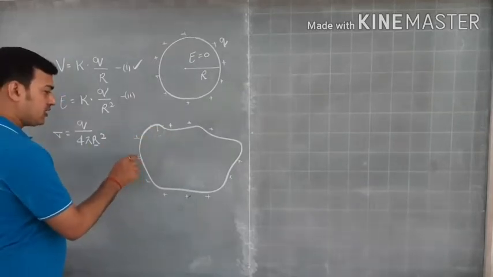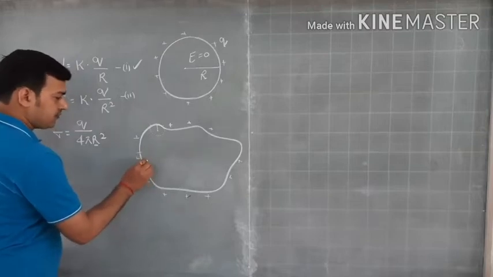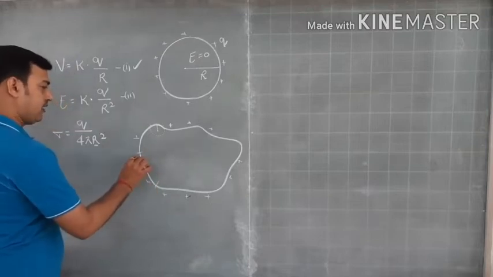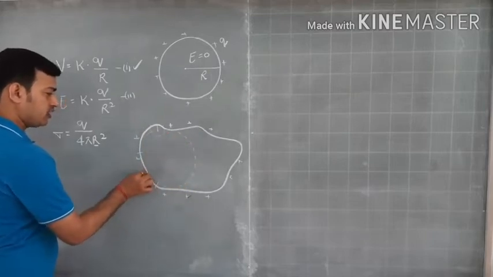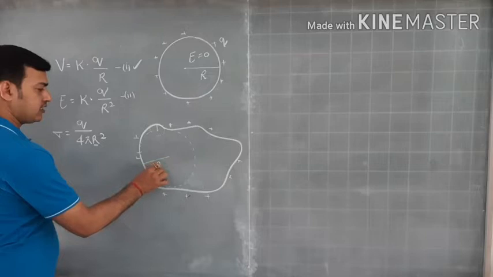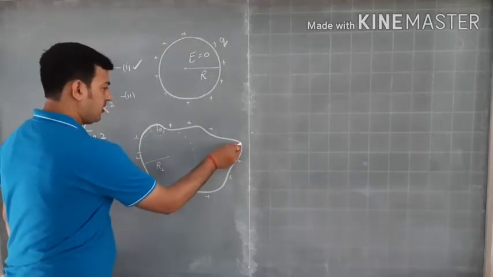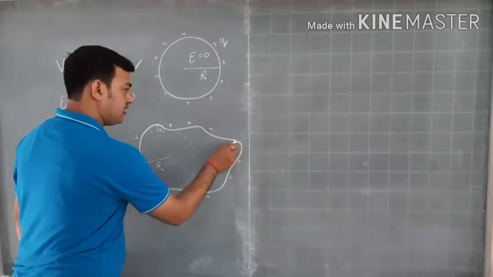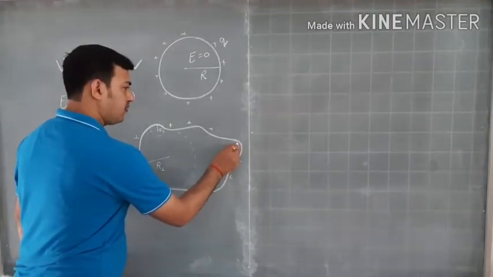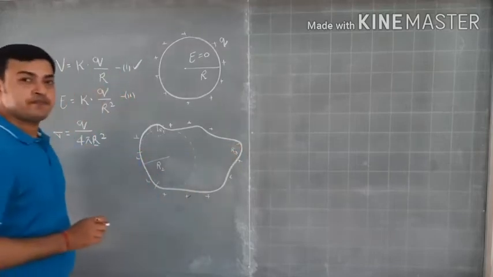If I do the same for this surface, then consider this is a section of a sphere. If I complete the sphere, it is going to be a very huge sphere. So its radius is say r2, this radius is r1, and let me take this sharp edge here, and if I consider a sphere for a small portion, the radius will be much smaller.